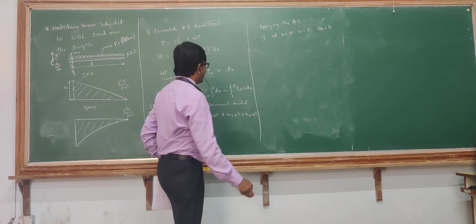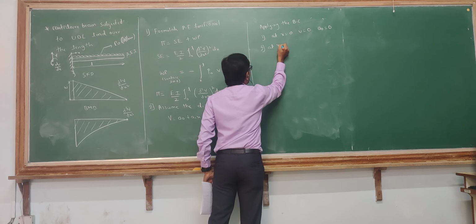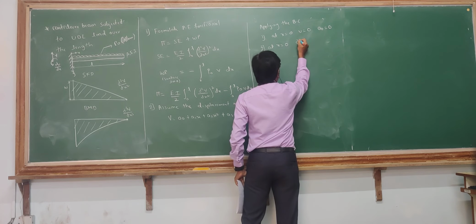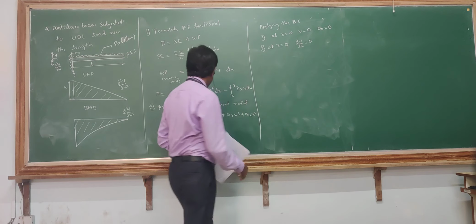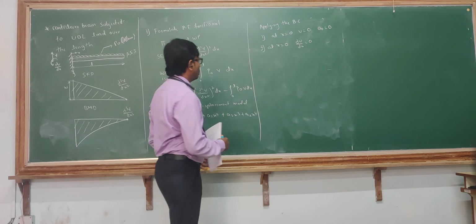Next comes the second boundary condition, that at x is equal to 0, the slope is also equal to 0. So dv by dx is also equal to 0. First we'll write what dv by dx is, then I'll apply the boundary condition x is equal to 0.